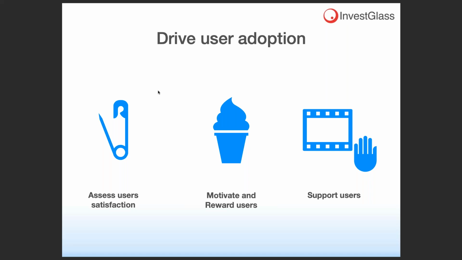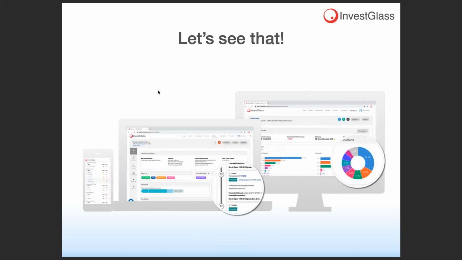It is very important that you produce, or we help you produce, films, webinars, and content to interact in a joyful way with your users. There's nothing more frustrating than being blocked on the screen and having no one to answer. So make sure that when you use Investlast, and particularly if you use it on your own premises on your own server, you have thought about the support for those users. Okay, so now enough. Let's dive into Investlast.